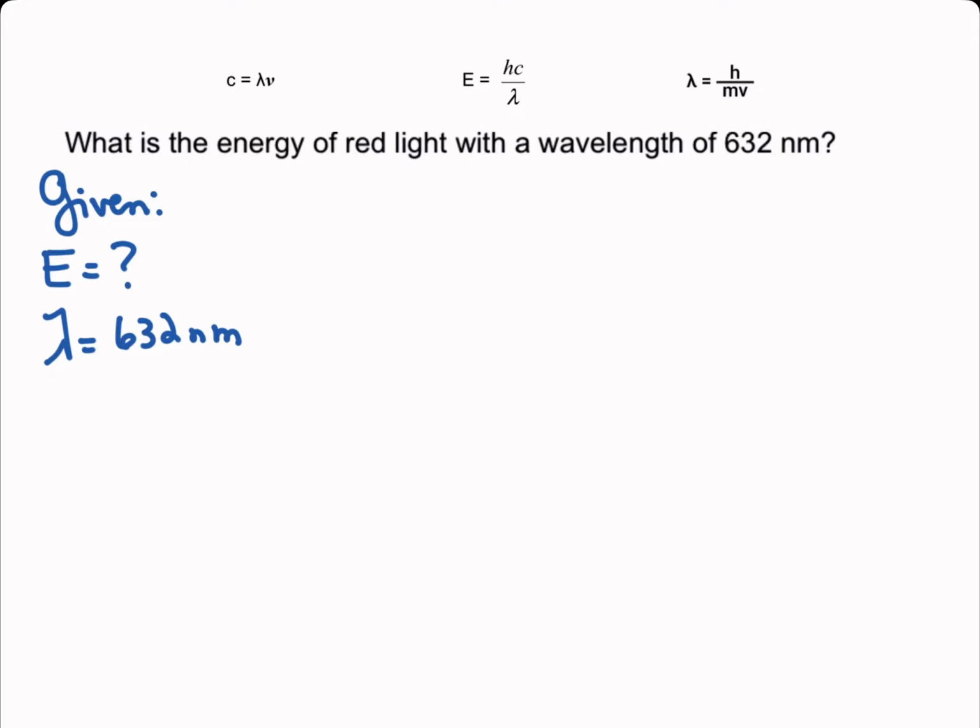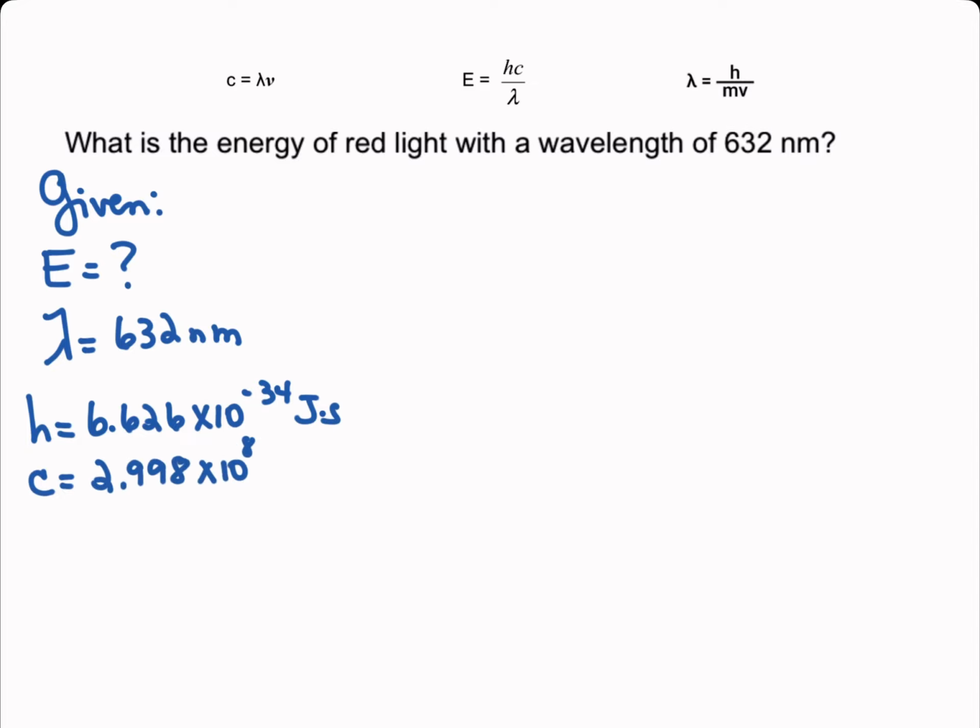I'm going to go ahead and list Planck's constant. And I'm going to go ahead and list my speed of light. I have a formula that relates energy to lambda.